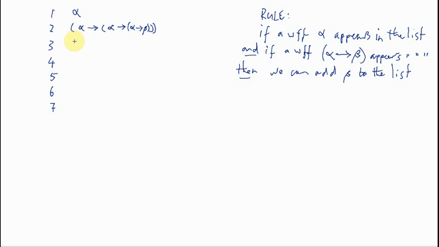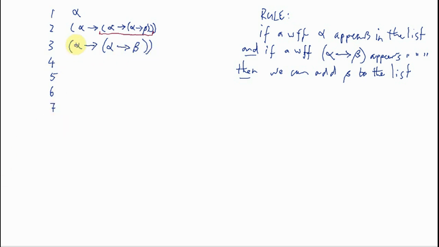So we can write, in virtue of lines 1 and 2, open paren, alpha, arrow, alpha, arrow, beta, close brackets, close brackets. And that again is because this is of the form alpha arrow beta, and this is our beta. And so we can write that beta here.